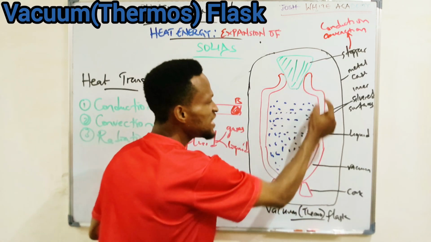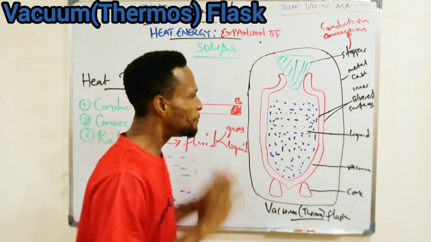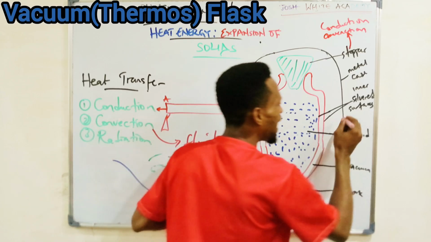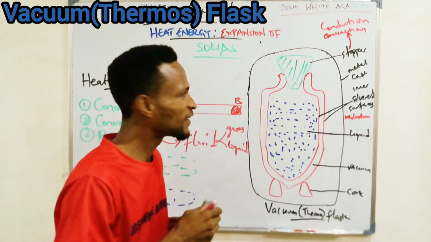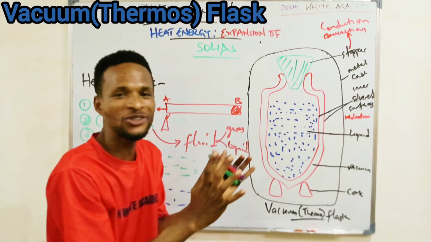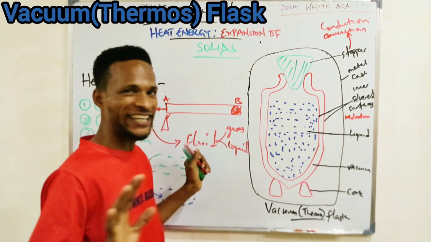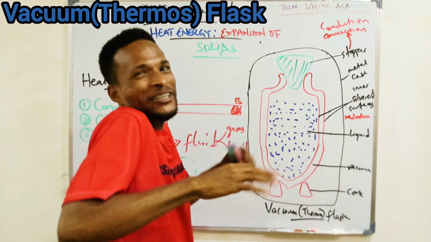Secondly, the double silver coated inner surface prevents heat loss by radiation. Remember, we said silver colored or white colored surfaces are bad radiators. So they don't allow heat to be lost through radiation.